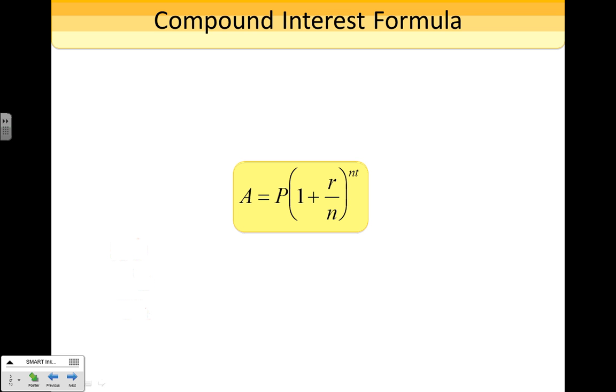So it's being compounded. So you get more money that way. So the formula that helps you figure out how much money you get when it is being compounded together is A equals P times the quantity 1 plus R over N raised to the N times T. So A is the amount after a certain amount of years, so that's your ending amount, how much you're going to have in the account after a certain amount of time.